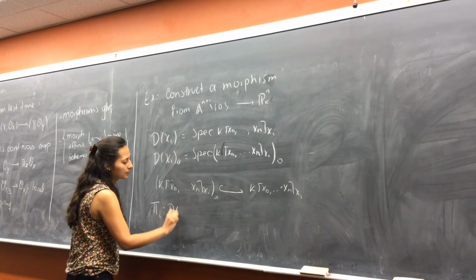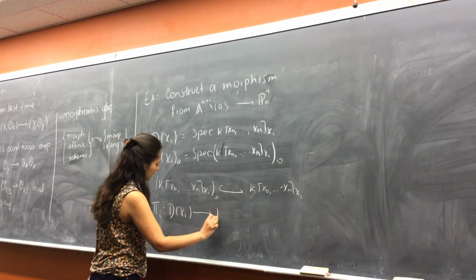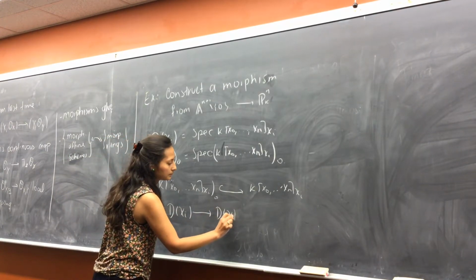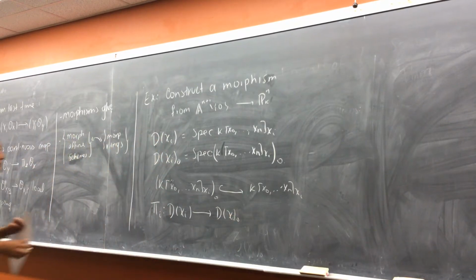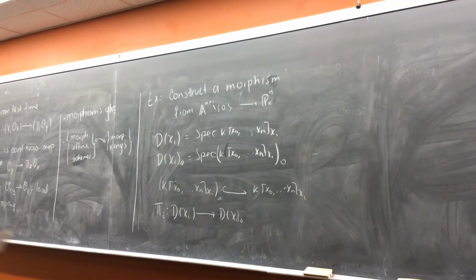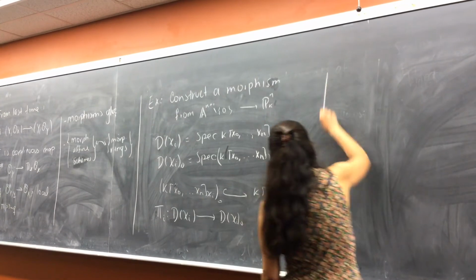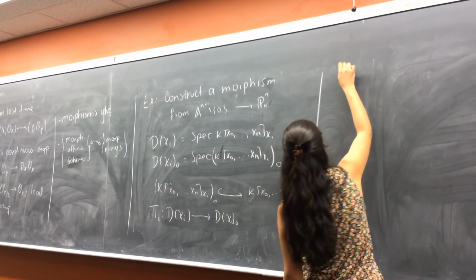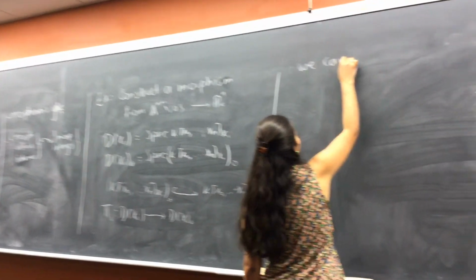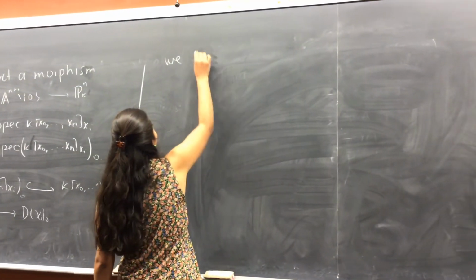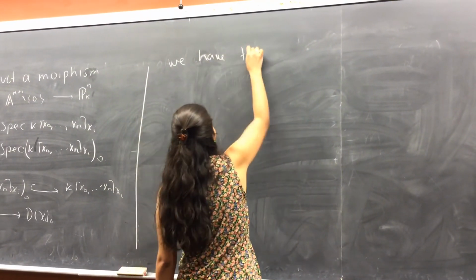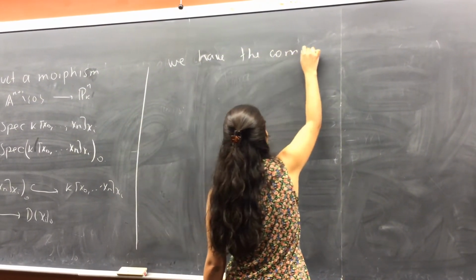They come from D(x_i) to D(x_i)_0. Right? So we have the commutative diagram.